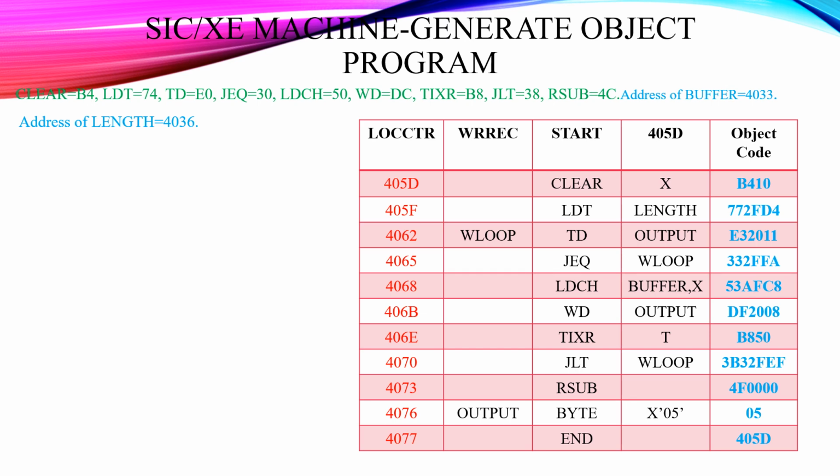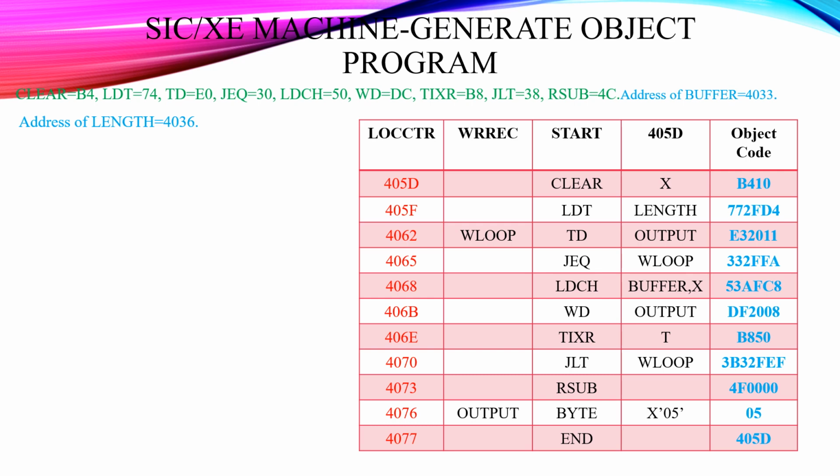Now we need to find the object program. The object program mainly consists of 3 things: the header section, the text section and the end section. The header section starts with an H, and 6 columns are used to represent the name of the program.